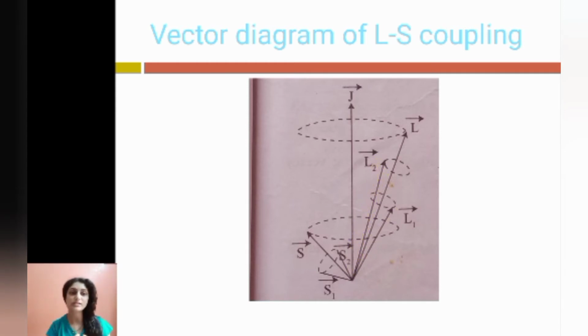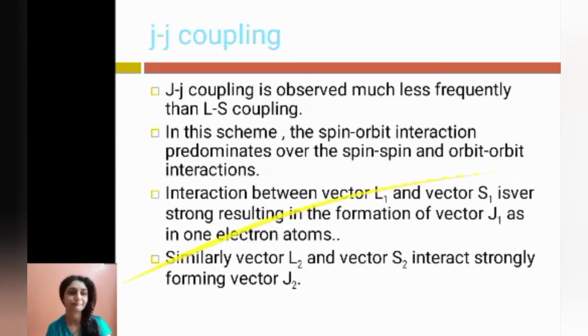Orbit-orbit interaction is also strong, so they will undergo fast precession about the resultant vector L. So S1, S2 combine to give vector S, L1, L2 combine to give vector L, and now vector L and vector S will combine to give resultant vector J. So that is what LS coupling is.